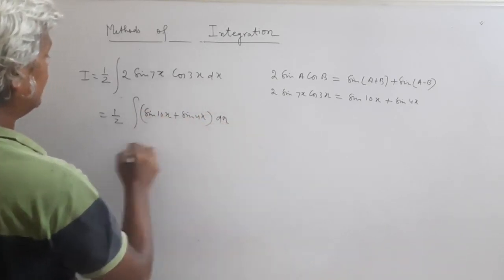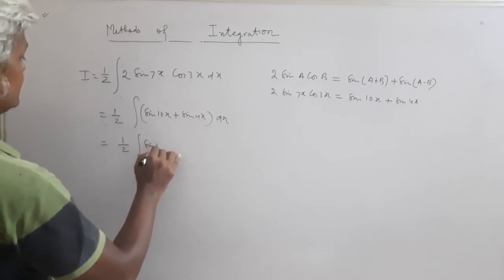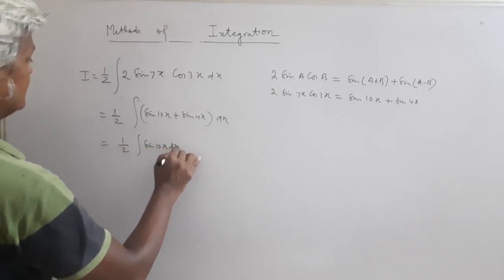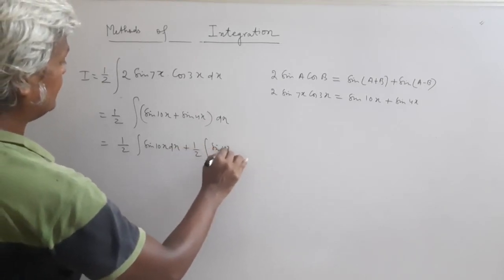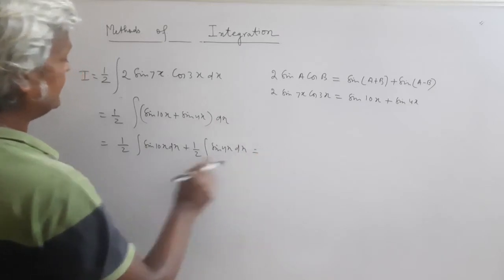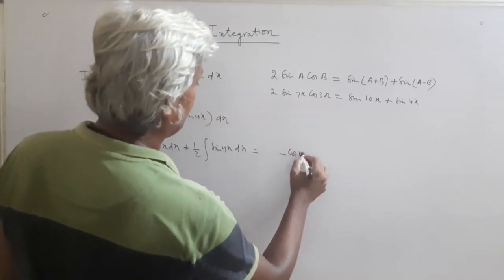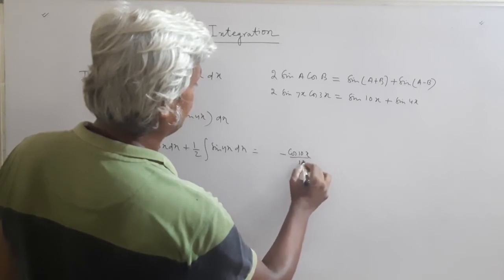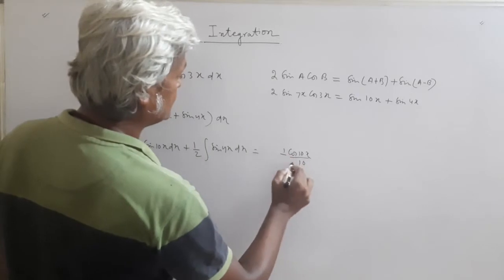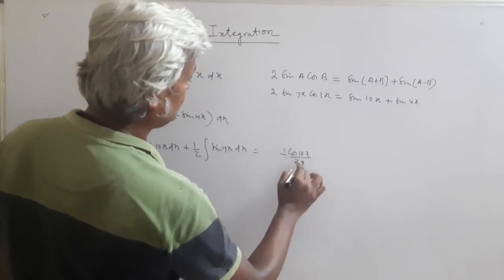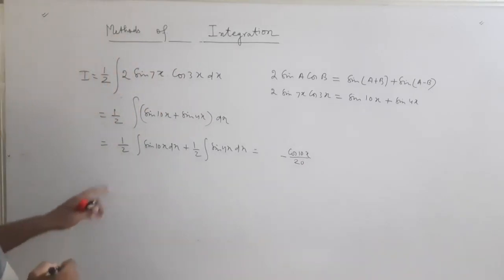Now you just break this down into two integrals: half integration of sine 10x dx plus half integration of sine 4x dx. Integration of sine 10x will be minus cos 10x over 10, multiplied with half, so it becomes minus cos 10x over 20.